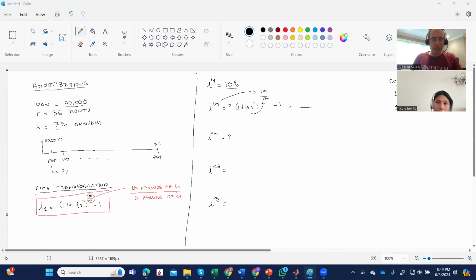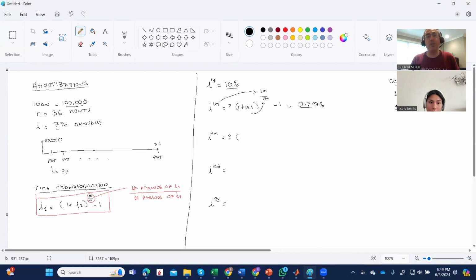Let me do this and then you verify if I'm right. 1.1 to the power 1 divided by 12 minus 1, times 100. So I will put this in percentages already. So I obtained here 0.797%. Someone to confirm? Confirm. Got it?